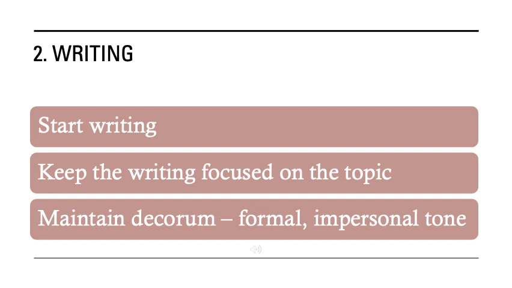Do not waste unnecessary words on lengthy introductions, roundabout explanations, and so on. It has to be as focused, as concise, and as precise as possible. And you have to throughout be very conscious about your language, the tone, the manner in which you are presenting it, and so on.